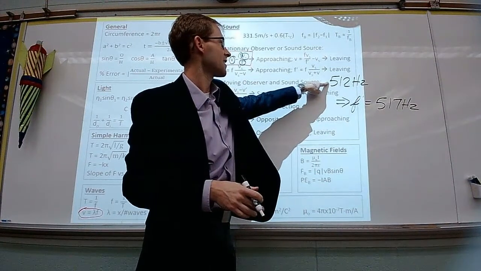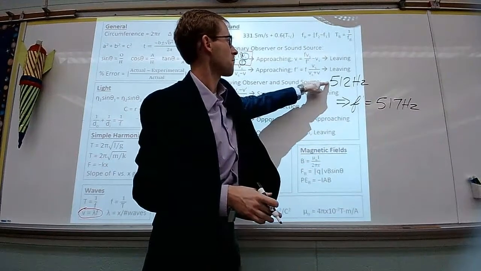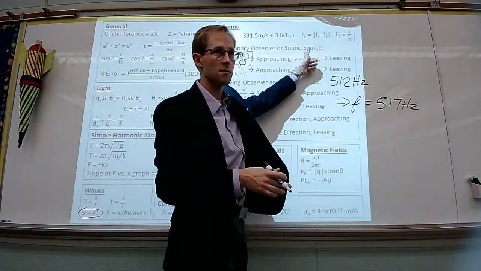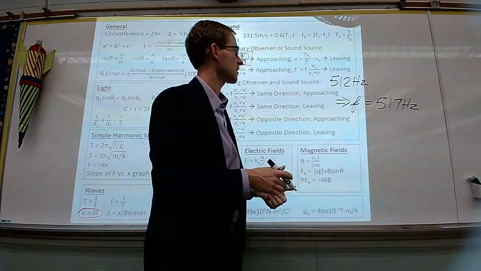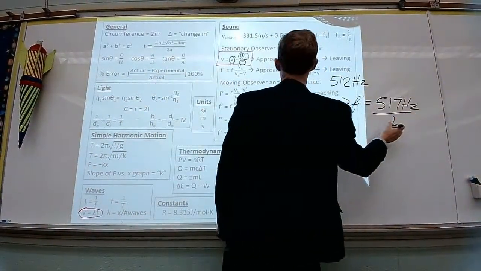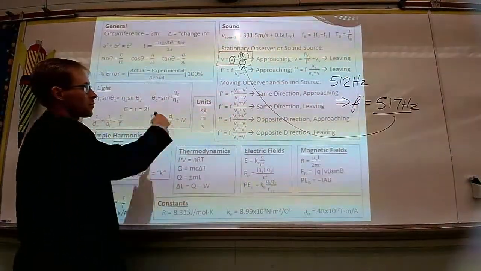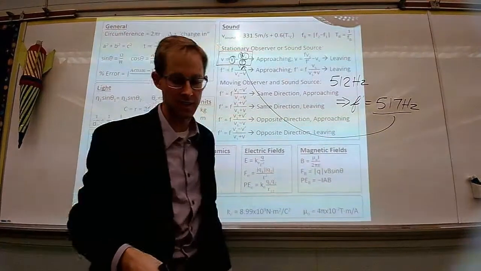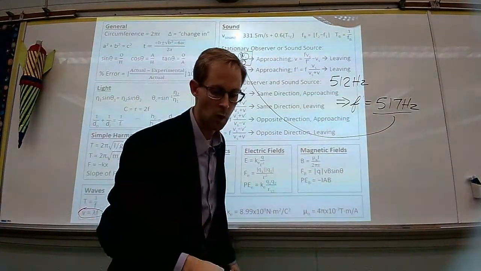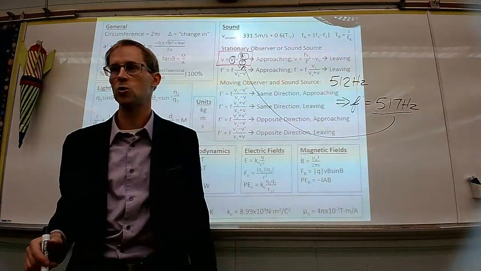And because Leo is moving towards Donnie, that means that frequency is going to be the higher of the two, because that's what happens because of the Doppler effect. Ergo, 517 goes right there. And when you plug all the rest of those numbers in, you'll get a velocity of 3.32 meters per second. 3.32.